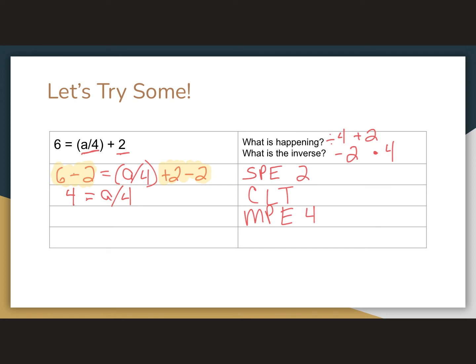So I have 4 times 4 equals a divided by 4 times 4. The things that are going to cancel are the divided by 4 times 4, which will leave me 4 times 4 is 16 equals, and over here I'm left with a. And that is simplifying.